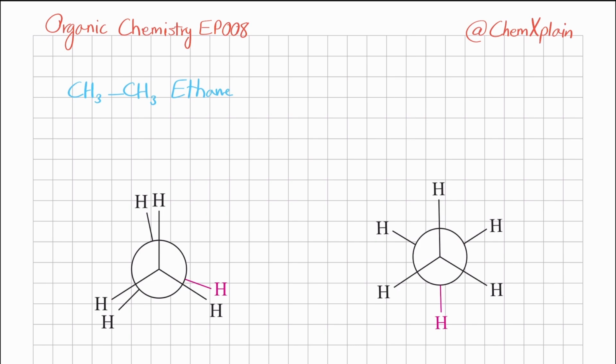And the other one was simply one more carbon connected to this chain, which makes it CH3, CH2, CH3, which is propane. So we discussed the different arrangements of these two molecules in the previous video in detail.